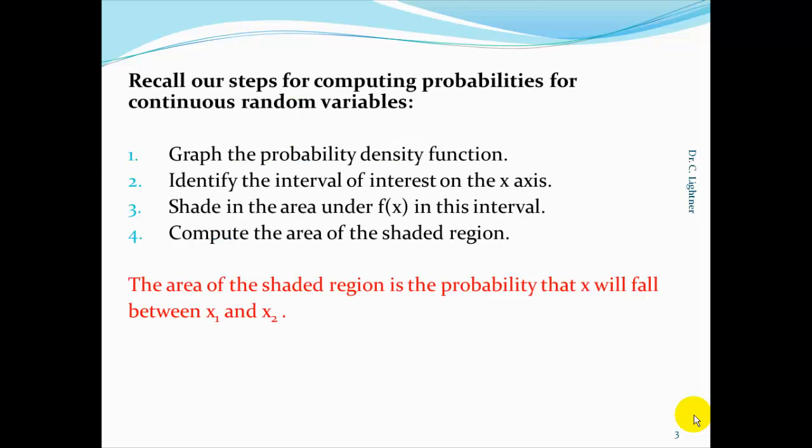Recall our steps for computing probabilities for the continuous random variable. In step 1, we graph the probability density function for the variable. Therefore, in order for us to compute probabilities for a normal random variable, we must learn about the probability density function for this variable.